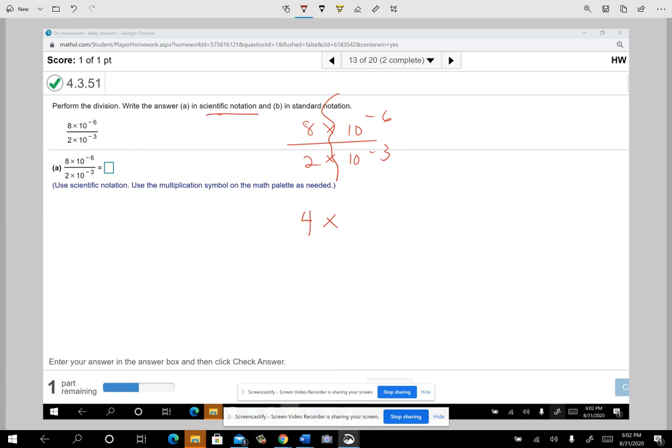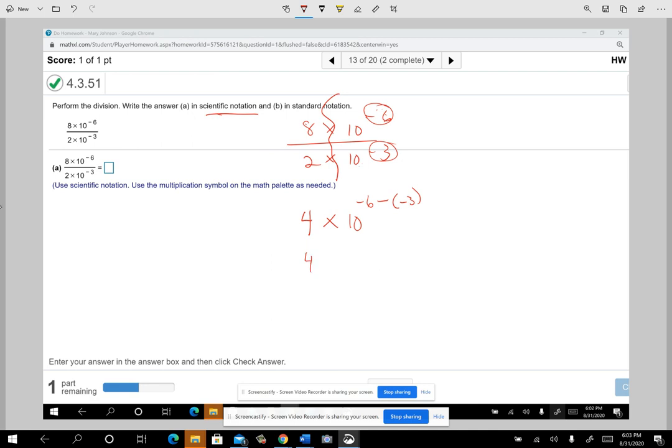And then here we'll learn again more about exponents, but I'd like you to know one of their uses before we get too much into it. When you have two exponential expressions that have the same base, you can take the exponents and subtract them. So this would become 10 raised to the -6 minus -3.